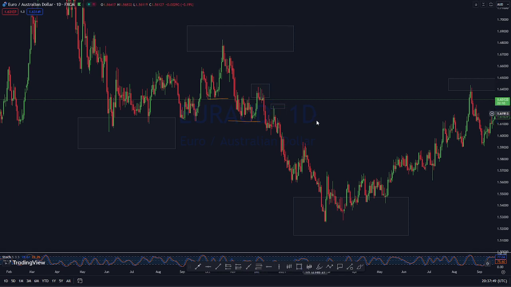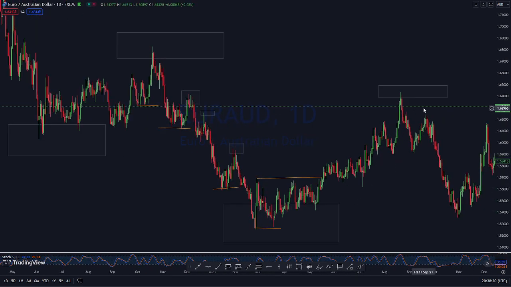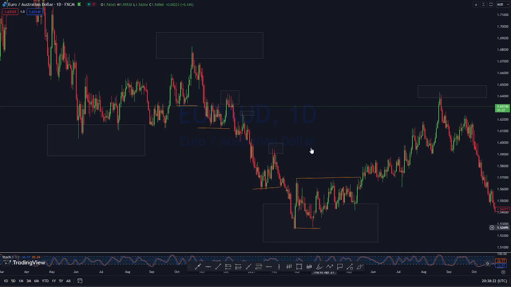Then we created another low here, and then we wait for another high. Then we created a low again here, and then we had another high here. Once this high was broken, we knew that the market would be creating a series of higher highs and higher lows, right? So that's how it is.